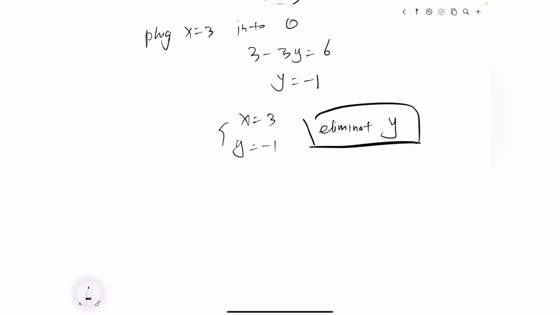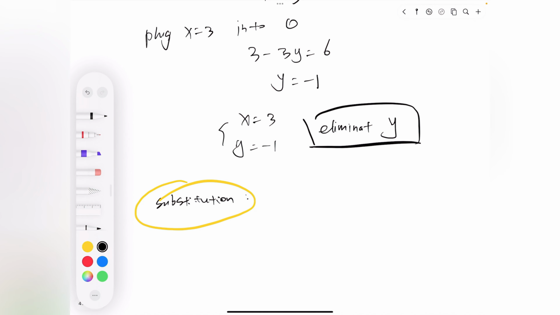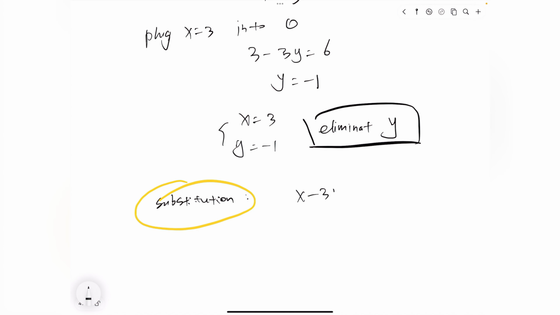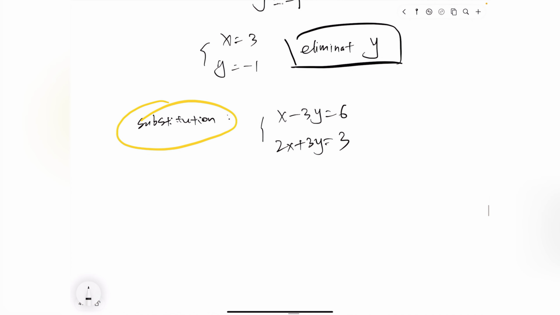And we can also solve it by substitution. We have x minus 3y equals 6, 2x plus 3y equals 3. This is 1. This is 2.